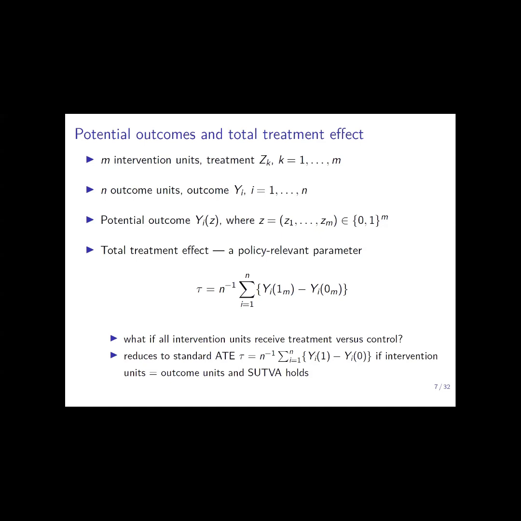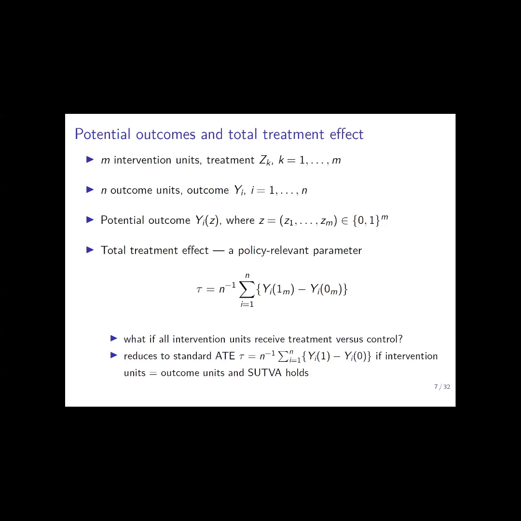We measure outcome y_i, i from 1 to n. And we have potential outcomes. What's a potential outcome? Hypothetically, if the intervention units have treatment z_1 to z_m, this vector z, unit i's outcome would be y_i(z).